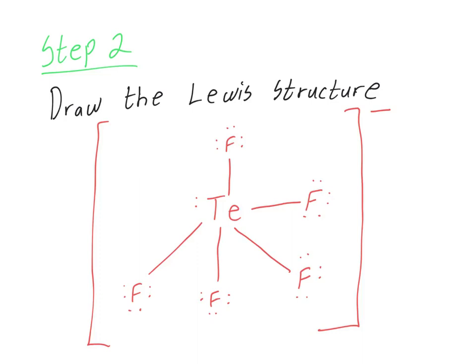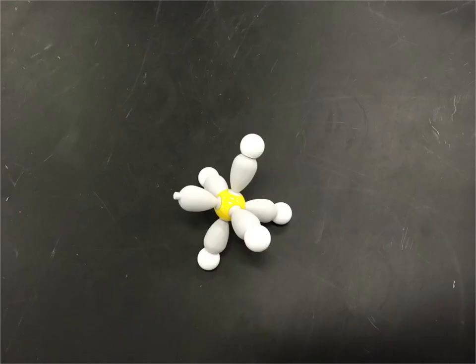If you just count all the atoms surrounding Te, there are 1, 2, 3, 4, 5, and then 6. So that's how you would find what it looks like.